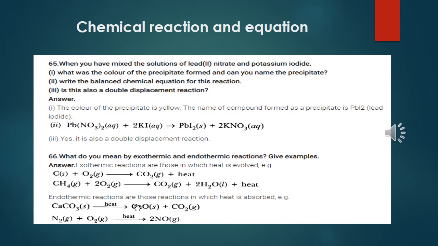Our next question is, when you mix the solution of lead nitrate and potassium iodide, what is the color of the precipitate formed? Write the balanced chemical equation. Is this also a double displacement reaction?